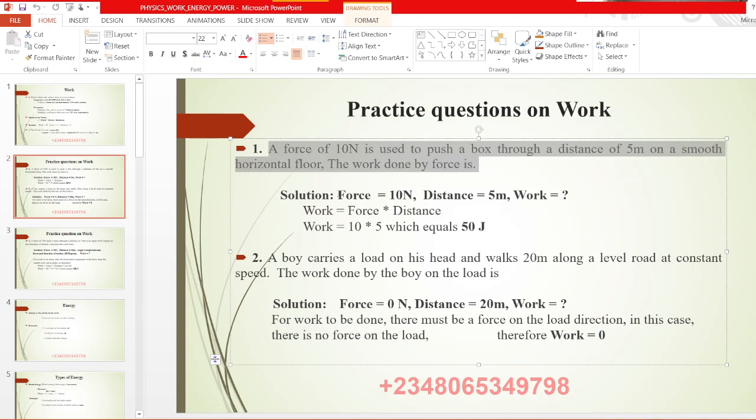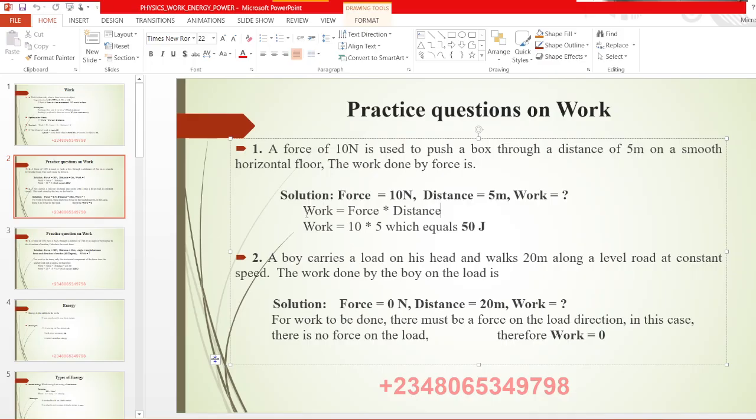So we have a force of 10 newtons, we have a distance of 5 meters. Then work can be done. If the force of 10 newtons is applied in a distance of 5 meters, then work must be done. That means that box has moved through a distance of 5 meters, work is done.